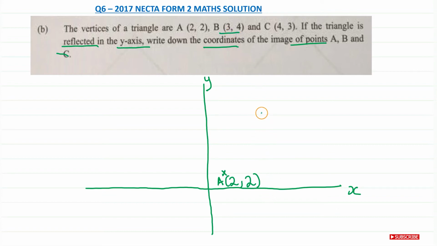So let's say point B is over here. And now let's go ahead and put point C, which is 4,3. Let's say 4,3 is somewhere here. So this is point C, which is 4,3.